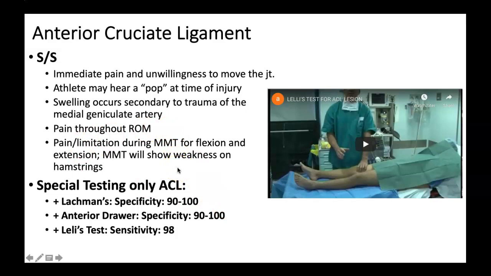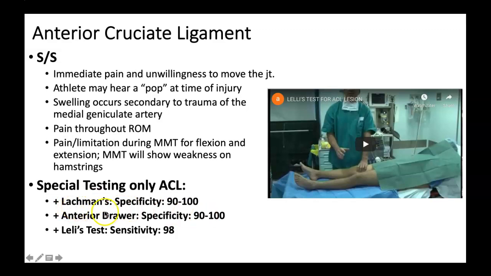Now, in terms of special tests, we are finally in a place where we can talk sensitivity and specificity, and you will know what that means. So if I'm talking about a test that is highly specific in my eval, then I'm talking about a test that, if positive, would rule in the pathology, right?